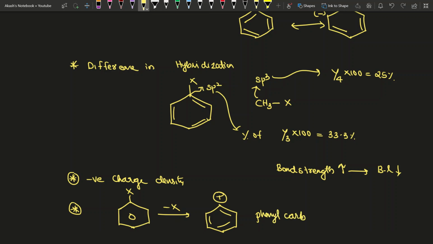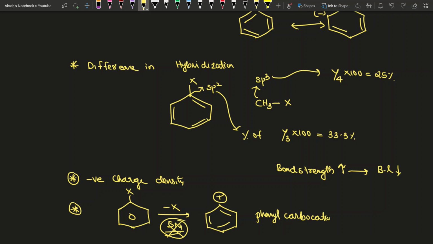When it is following an SN1 mechanism, substitution nucleophilic unimolecular, a carbocation is generated. We know that the positive charge on a benzene ring is highly unstable because the positive charge is generated on an sp2 hybridized carbon. That makes the system highly unstable. So the possibility of an SN1 mechanism is completely ruled out due to the instability of the phenyl carbocation.